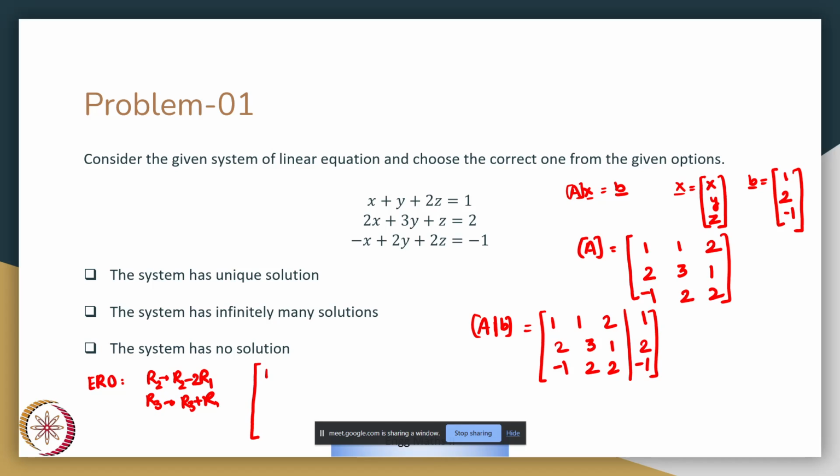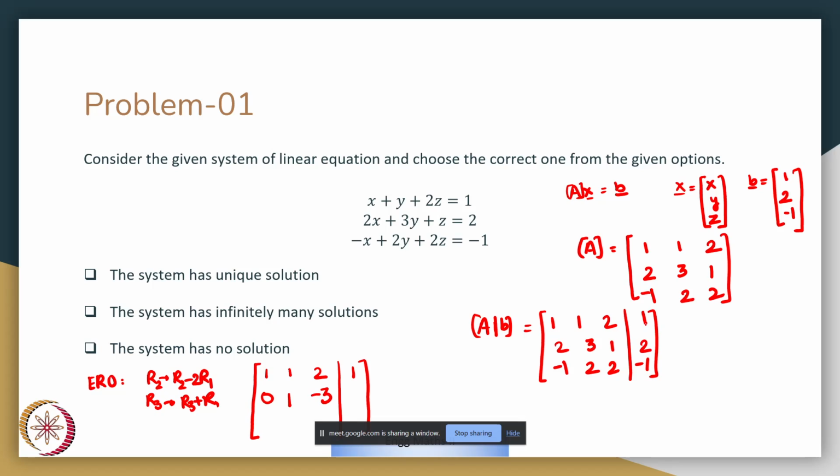So row 1 is unchanged, as you can see. Right hand side will also be unchanged. Then for row 2, it is row 2 minus 2 row 1. So 2 minus 2, which is 0. 3 minus 2 will be 1. And 1 minus 4 will be minus 3.